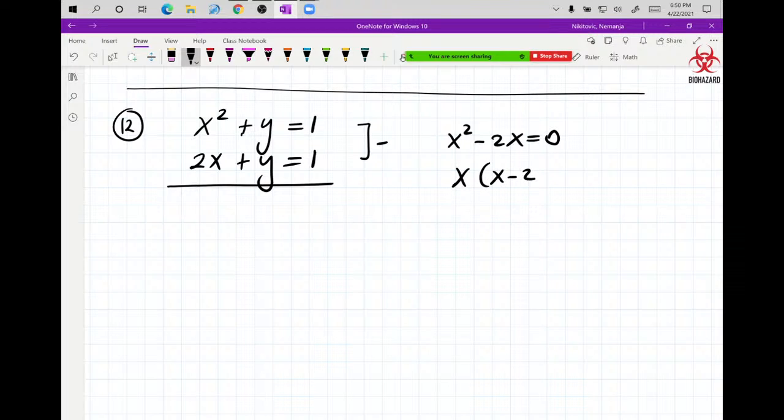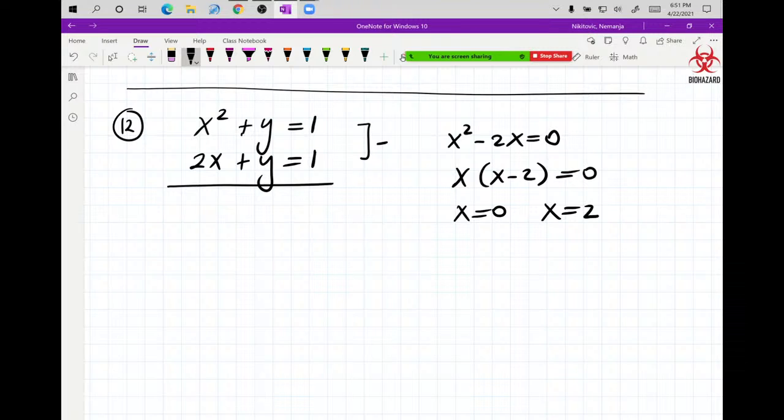We get x times (x minus 2), from where x is 0 and x is 2. So this tells me that there are 2 points, right? And I need to find their y values, and I am done.